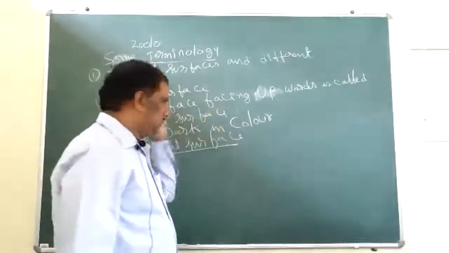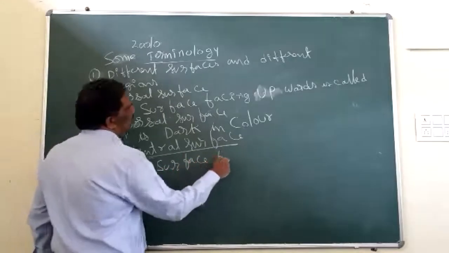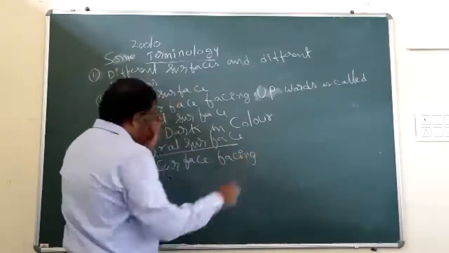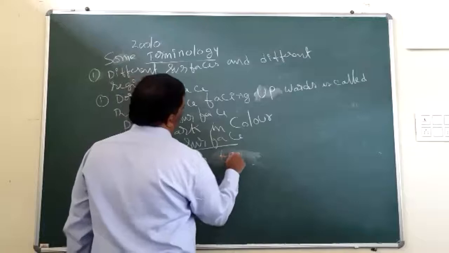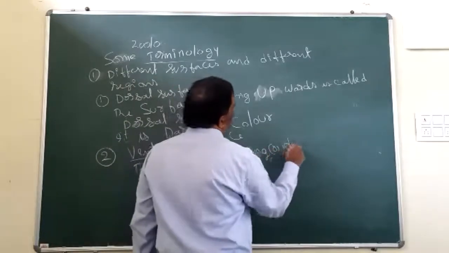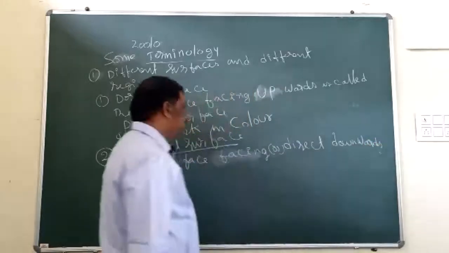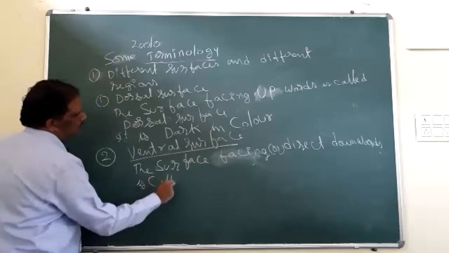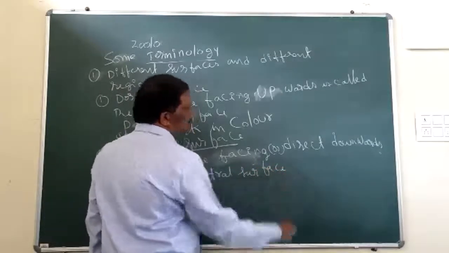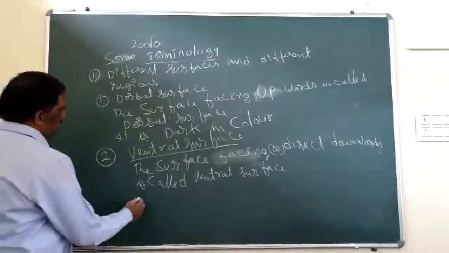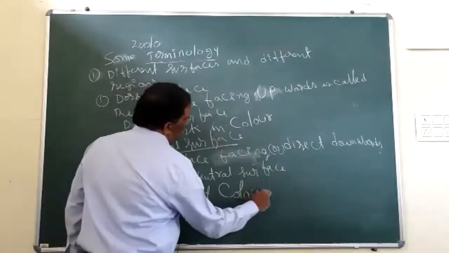The surface facing or directed downwards is called ventral surface. It is light in color.